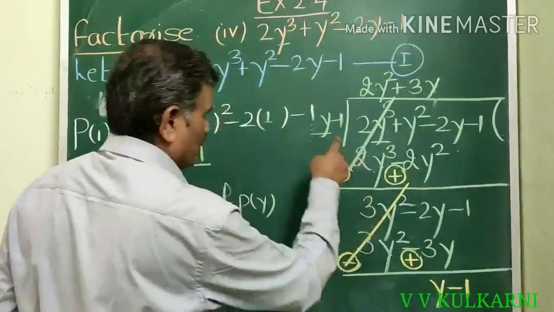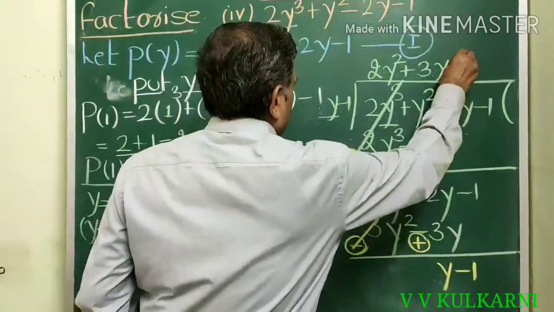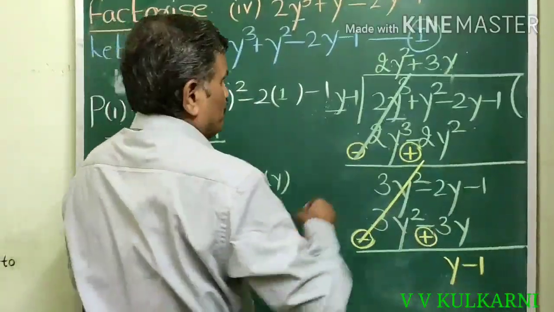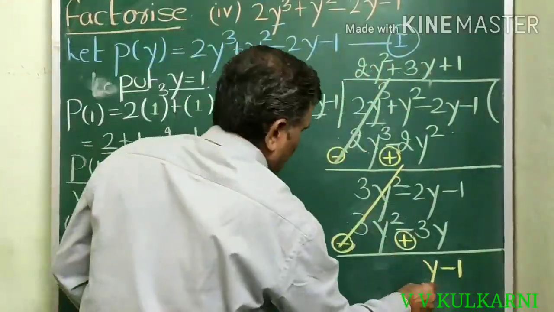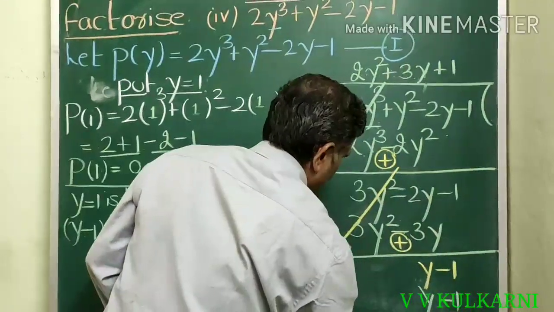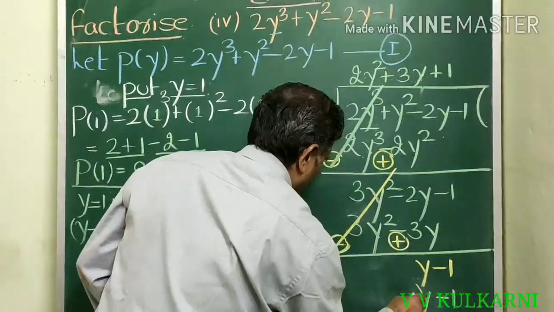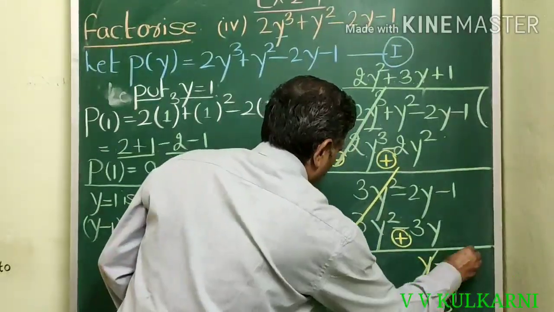So dividend and divisor is same. So that means simply if I multiply by 1, I am going to get the term. So 1 into y is y and 1 into minus 1 is minus 1. If I change the sign now, plus means minus here, minus means plus here. So finally I got 0.